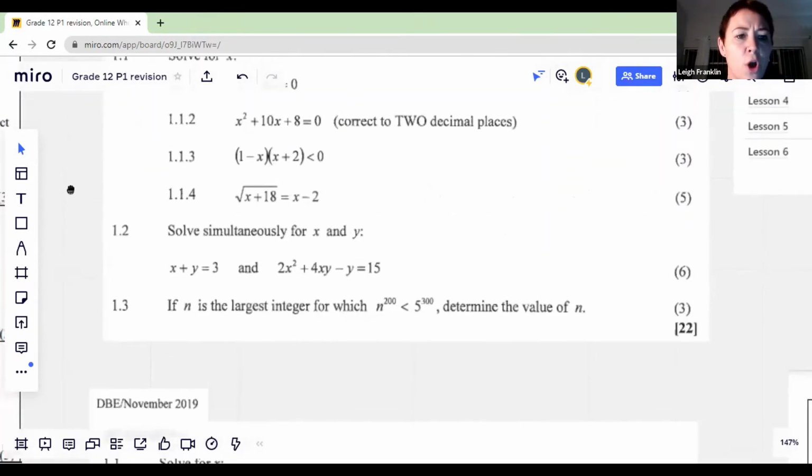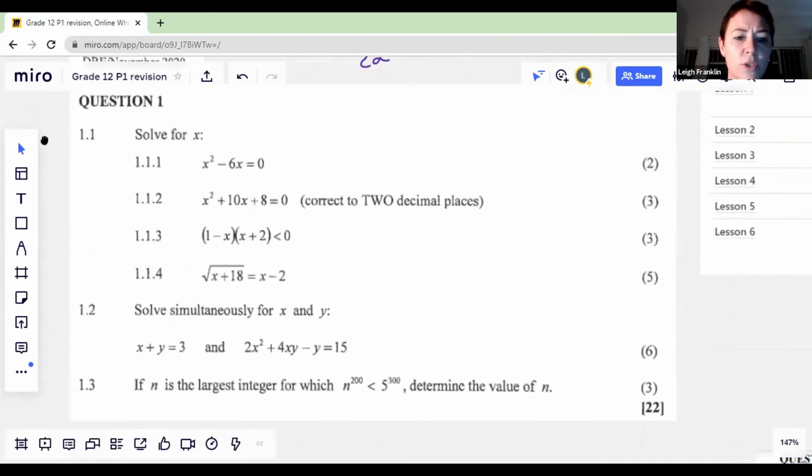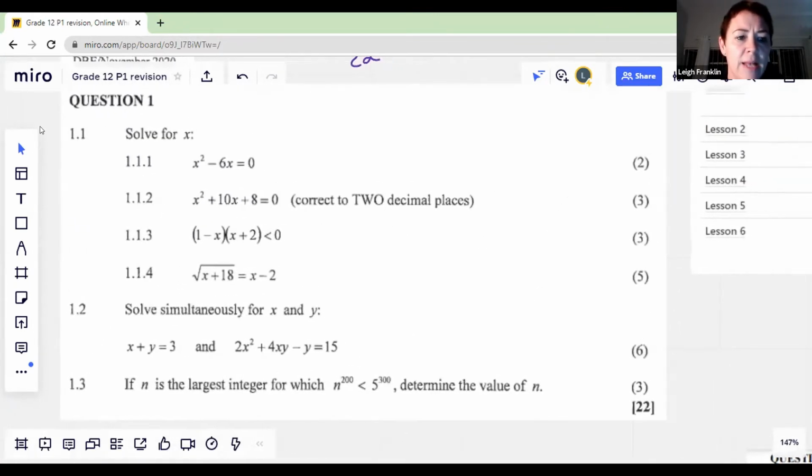All right, so 111 and 112 were fine. Let's just talk about 113 before you do it, okay? It's a question on an inequality. What shape is your parabola? You can pop it into the chat or you can unmute your mic. What shape is your parabola?